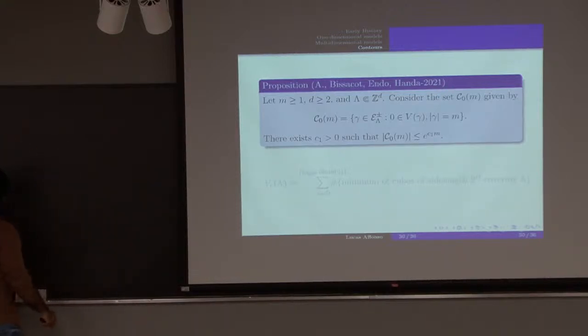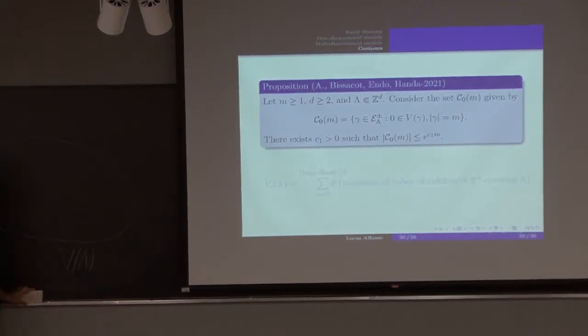For these sets, we have a notion of volume that is the following. If I have, let's say, something like this as my lambda, the volume of the set is the set that contains lambda and has no holes, okay? So you just erase this. This is the volume of the set.